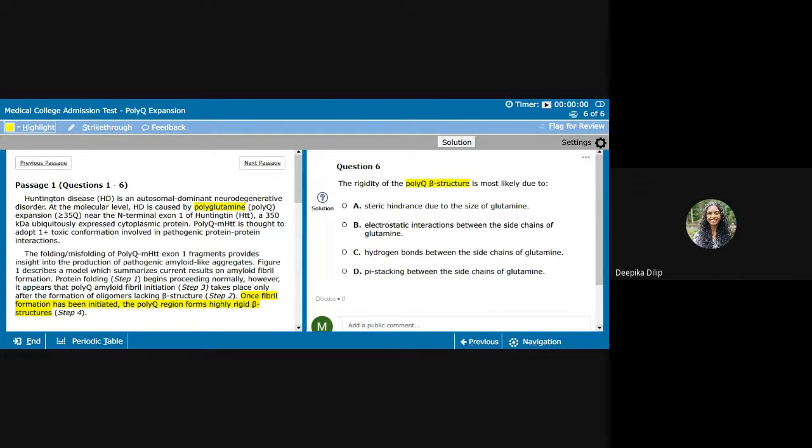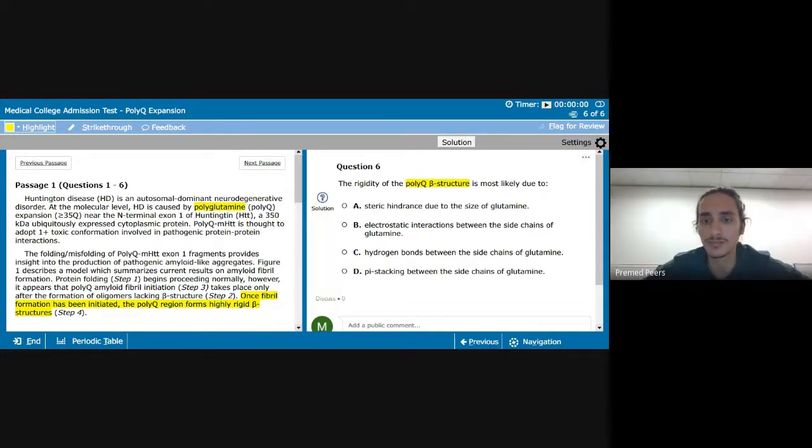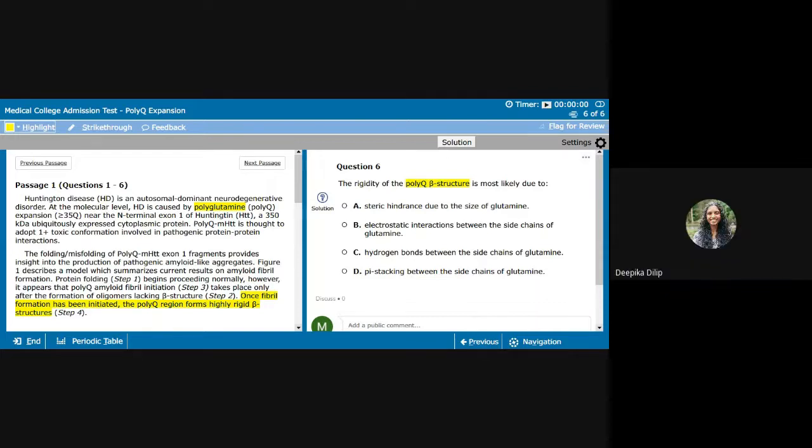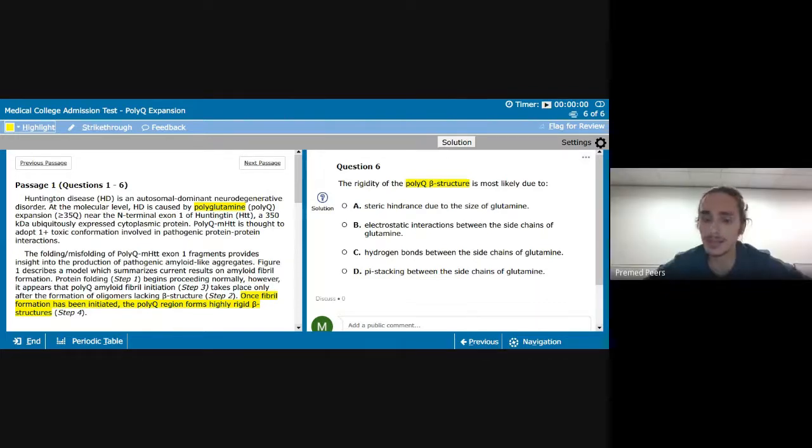Because of van der Waals? Possibly. But it's mostly due to size, because if it takes so much space, it cannot move a lot. Think about proline, right? Yeah, it's just sticking out, in the place of everything else. So you really cannot move around much. Okay.